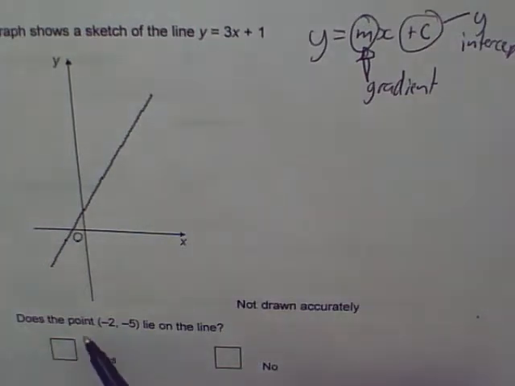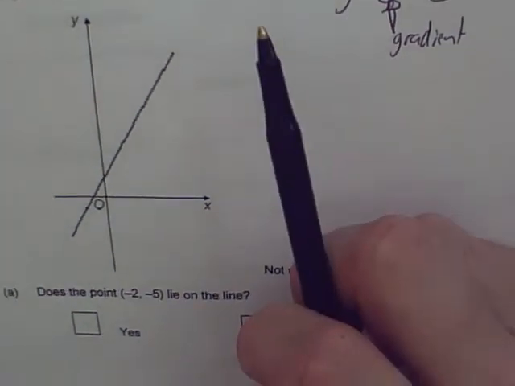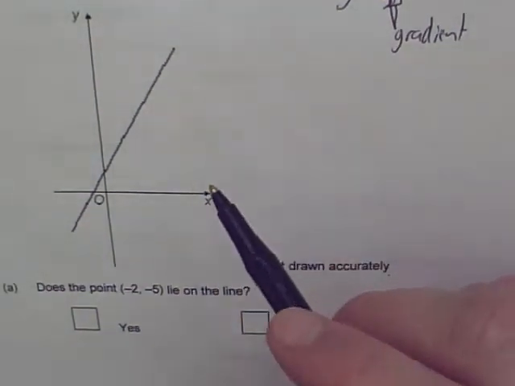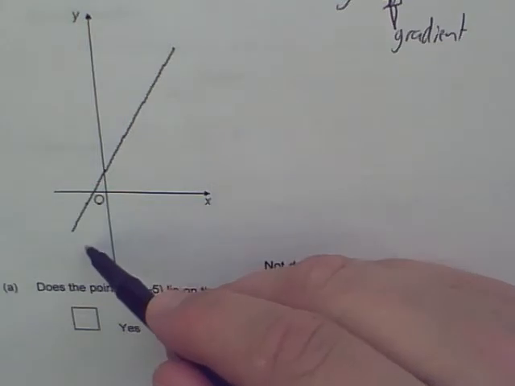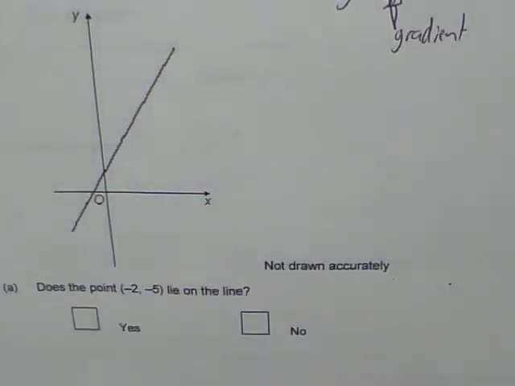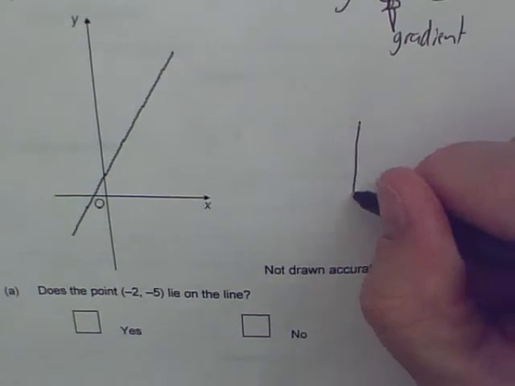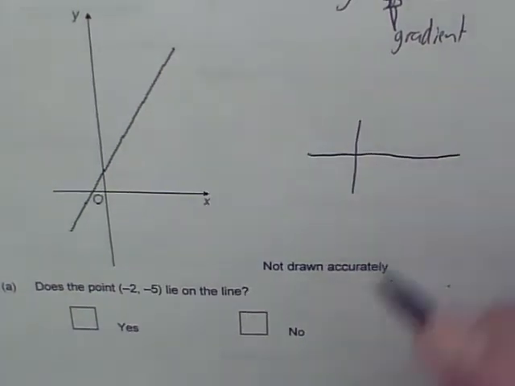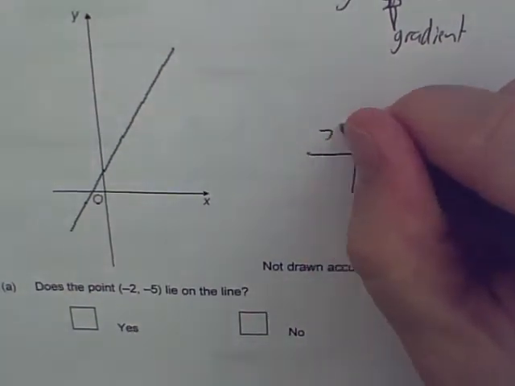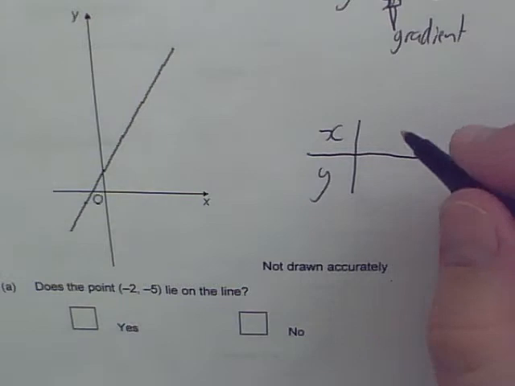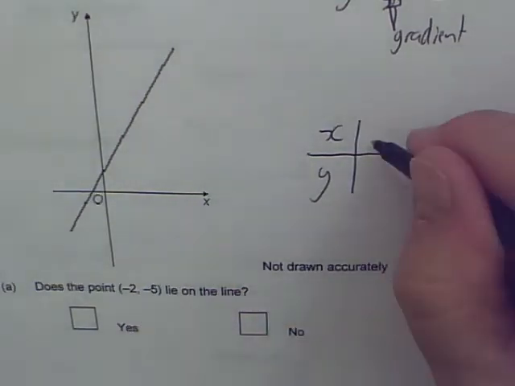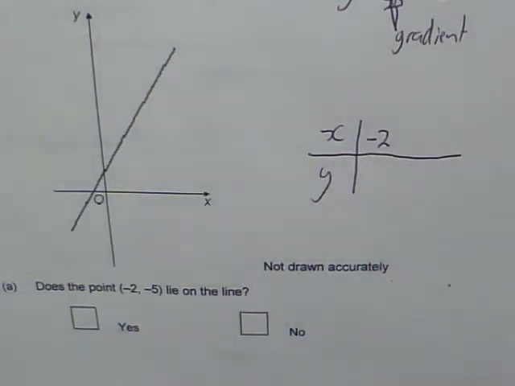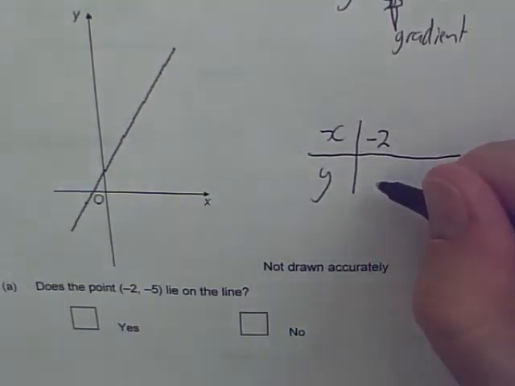Fine. Does the point minus 2, minus 5 lie on the line? Okay, so minus 2, minus 5. Would that lie on the line? Here's how I can work it out. If I just use this sort of method where I have my x and my y amount, and I imagine my x being minus 2, what would my y be?